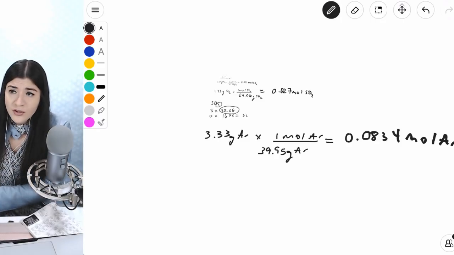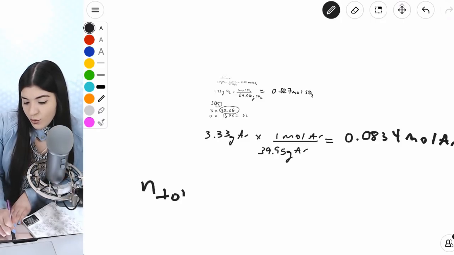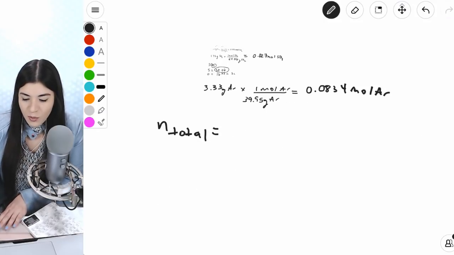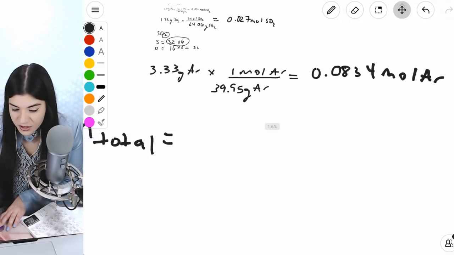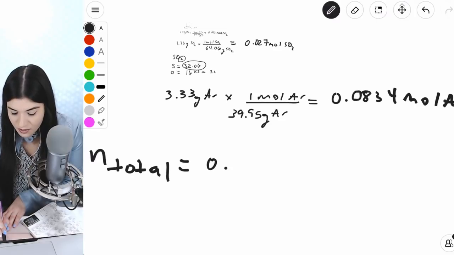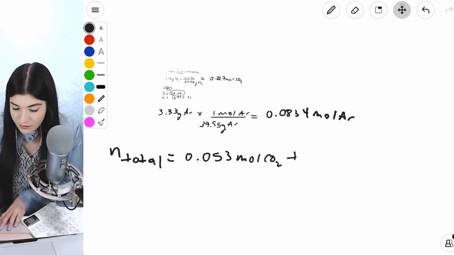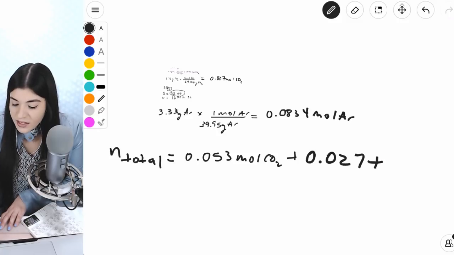Okay, so what I'm doing first is I'm trying to calculate what the total amount of moles are. So since I changed everything to moles, now I'm just going to add them all together. So the moles that we found initially for carbon dioxide was 0.053 moles of CO2. I'm going to add that to the moles of SO2 that we found, and that was 0.027, plus the moles of argon.